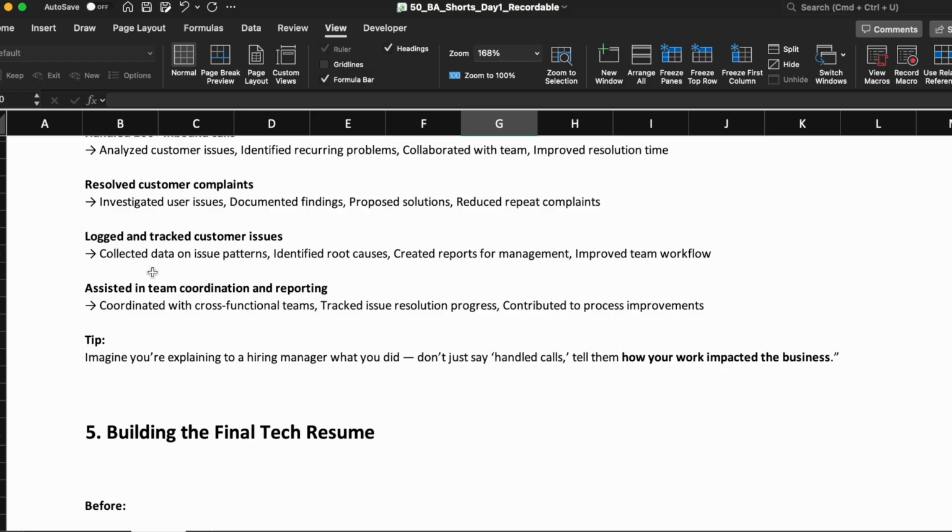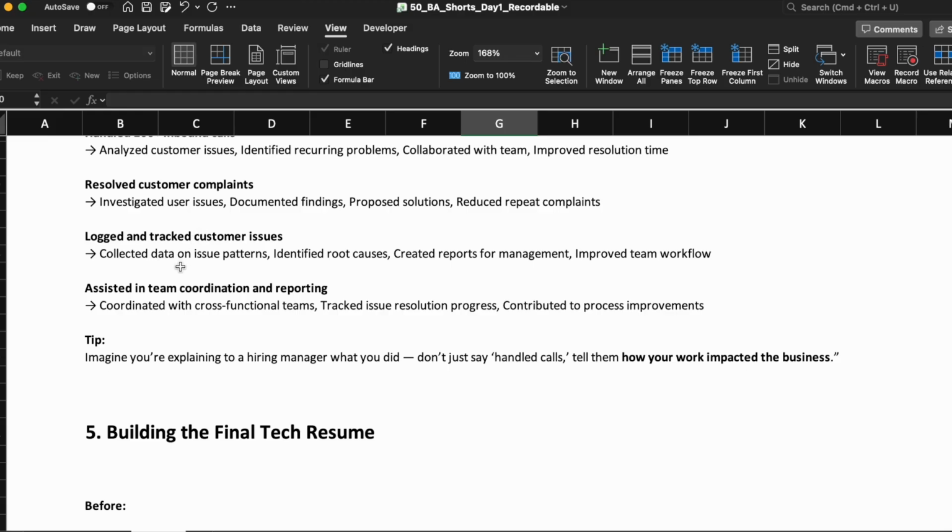Collected data on issue patterns, identified root causes, created reports for management, improved team workflow. So how do we map logged and tracked customer issues? It's the day-to-day job of customer service. We use the words collected data, like what we are collecting: what was the issue, what's your name, what transaction you did.